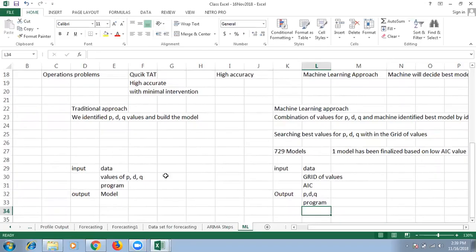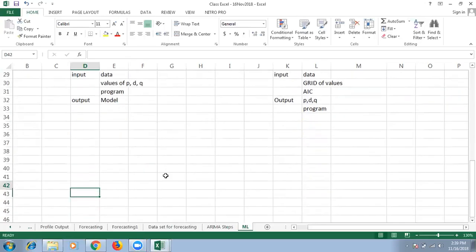So this is a typical understanding of the traditional approach of the model versus the machine learning approach of the model. What I'm trying to say is, in the traditional approach, my input is the data, and you also give the program, and you will get the output. Correct?